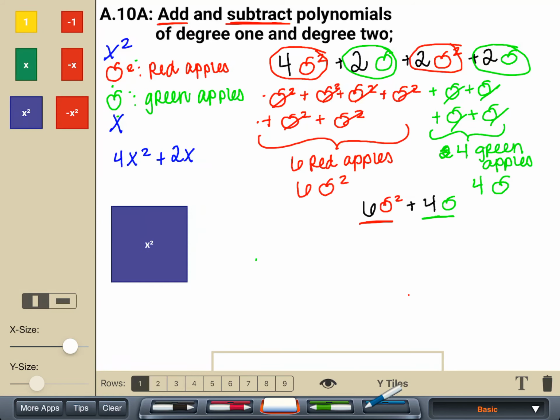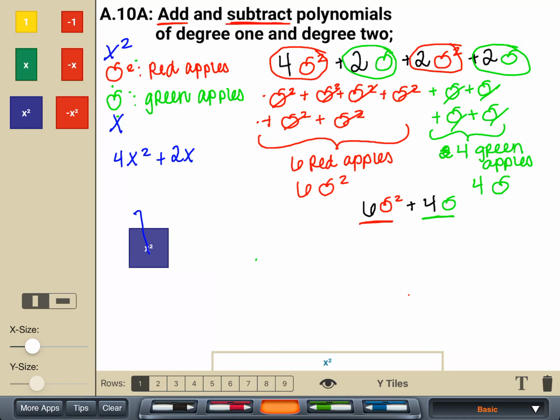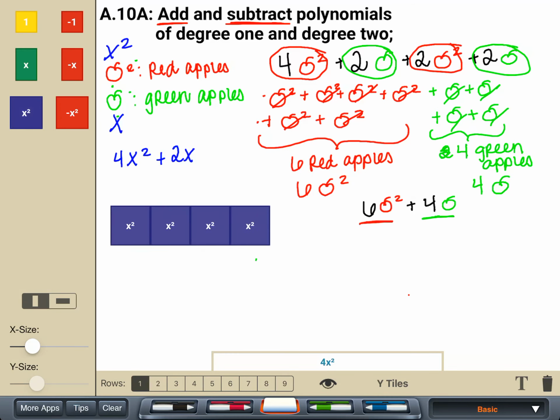So we'll bring down 4 x squared tiles and 2 x tiles. Notice here at the bottom, this is generating whatever the algebra tiles are representing, and this is exactly what we're beginning with, 4x squared plus 2x.